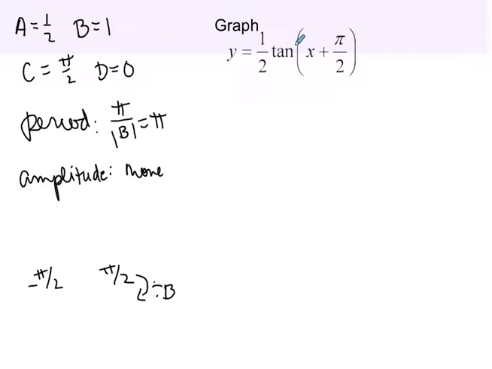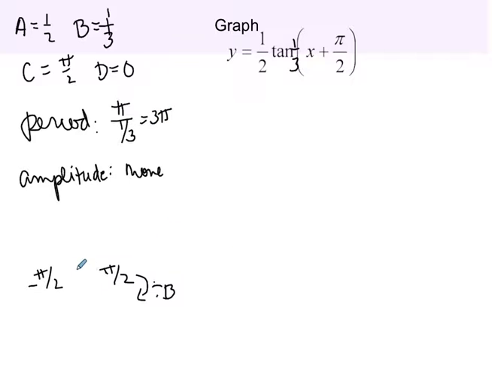Let's make our B, I don't know, 1/3. Okay, so now let's go back to the period a second because I want to make sure that you see what happens here. Now my period, with B changed to 1/3, is pi over 1/3, so it's 3 pi.